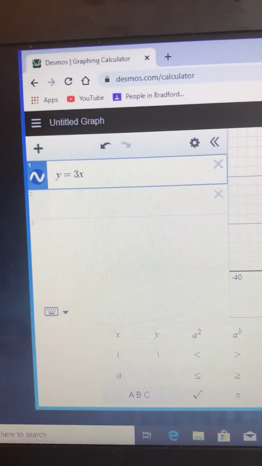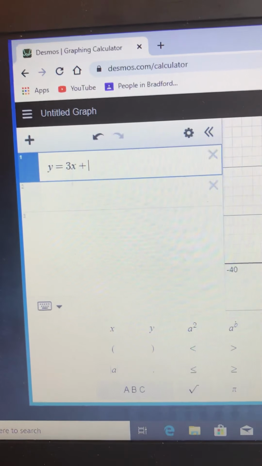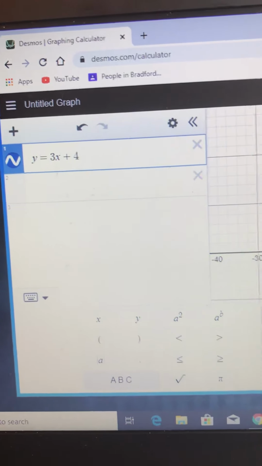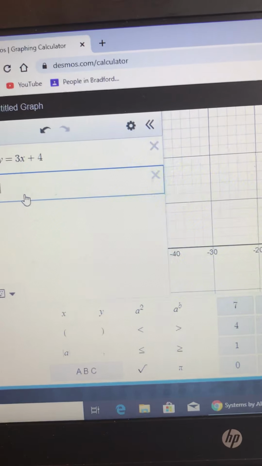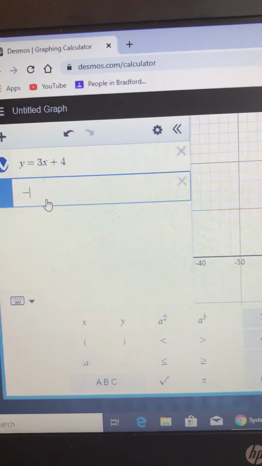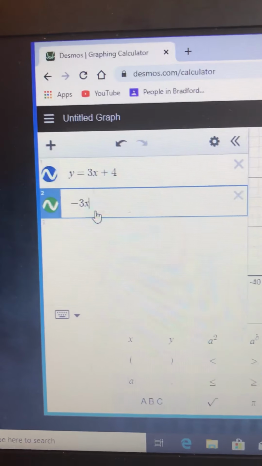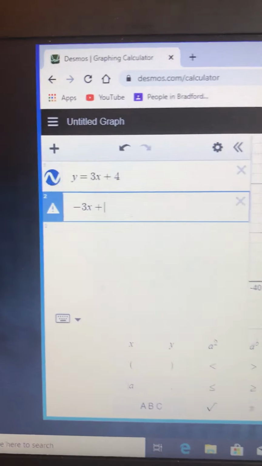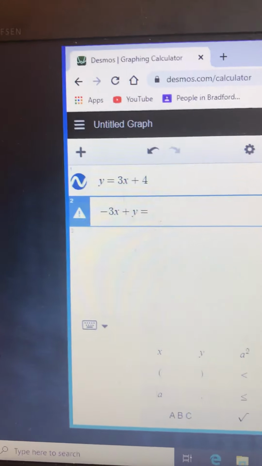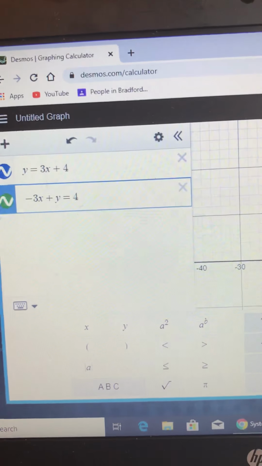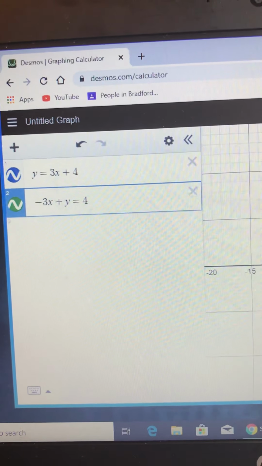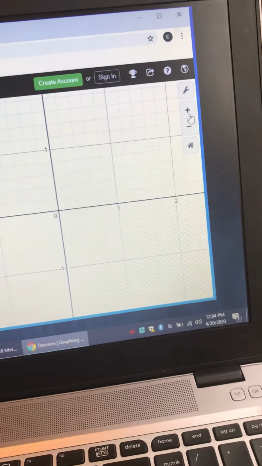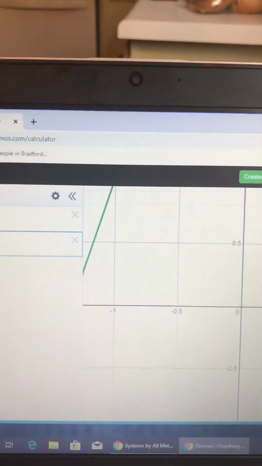We can see when we zoom in that the graphs are on top of each other. So that is an infinite number of solutions.